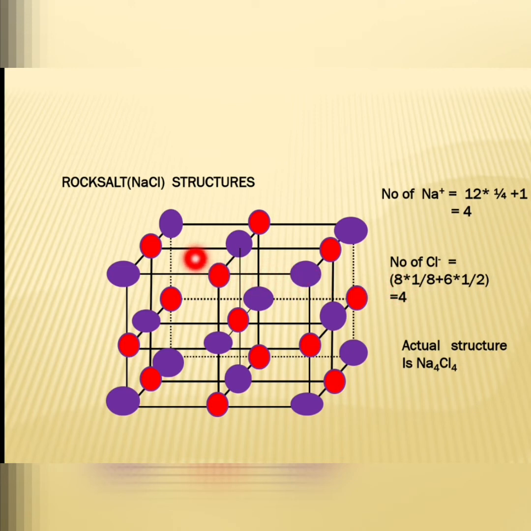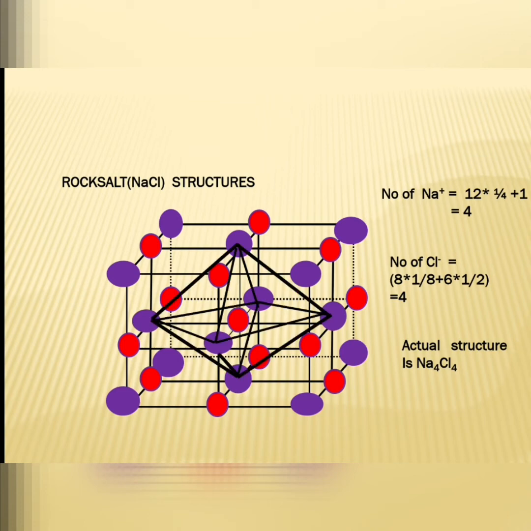Next, what is the coordination number of the chloride ion and the Na plus ion? I told you that Na plus ions are in the octahedral voids of the FCC lattice formed by the Cl minus ions. As they are in octahedral positions, the coordination number should be 6. See how it is 6.